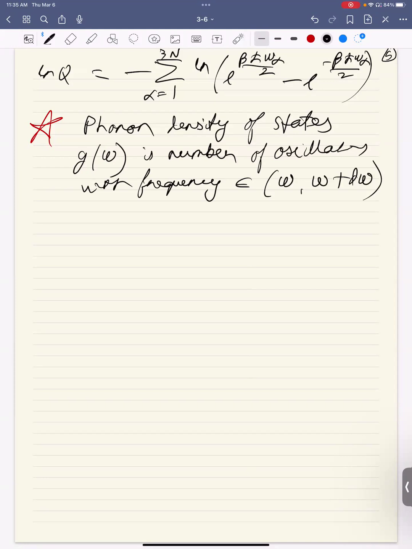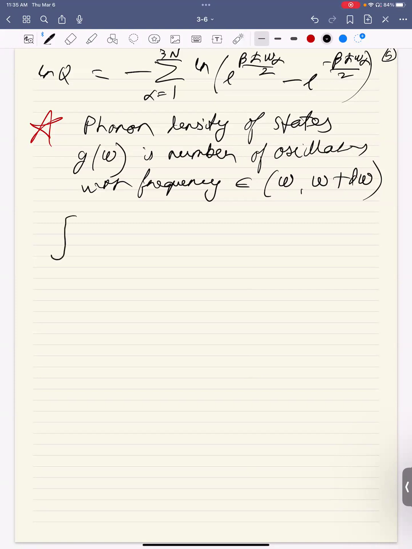Remember, we did things like this for the microcanonical ensemble also, energy around E. Here's the question. How many oscillators do we have? 3n. So if there are G of omega 1 oscillators with frequency around omega 1, and G of omega 2 oscillators with frequency around omega 2, if I want to sum up the total number of oscillators using this formula G of omega, how should I write it?